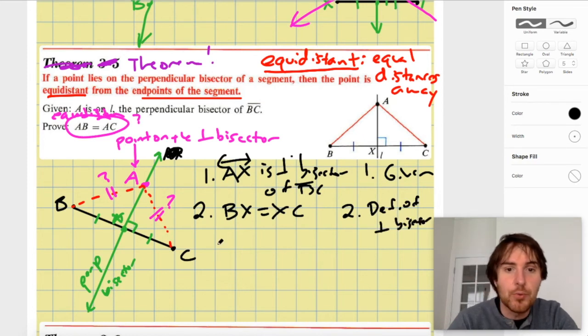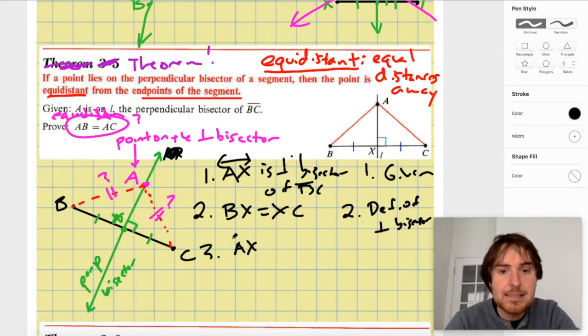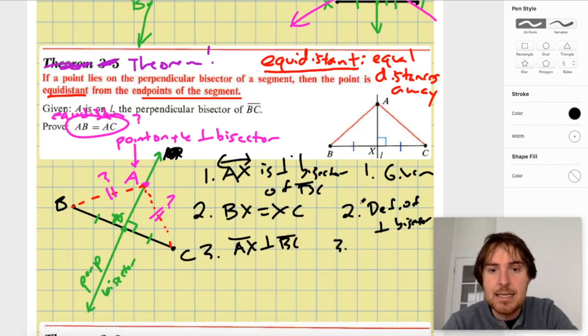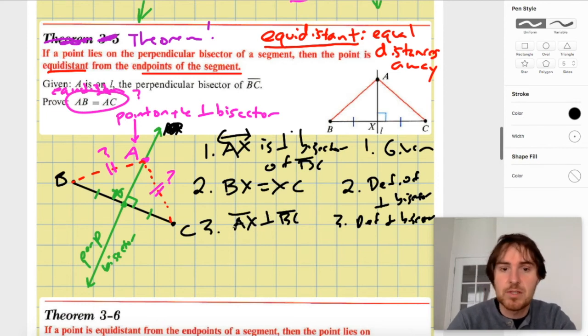Okay, so this is kind of a neat little proof here. We get that. We also know that AX is perpendicular to BC, and that is the definition of perpendicular bisector as well. So it tells us 2 things, right? It creates equal segments, and it is perpendicular to the original segment here.